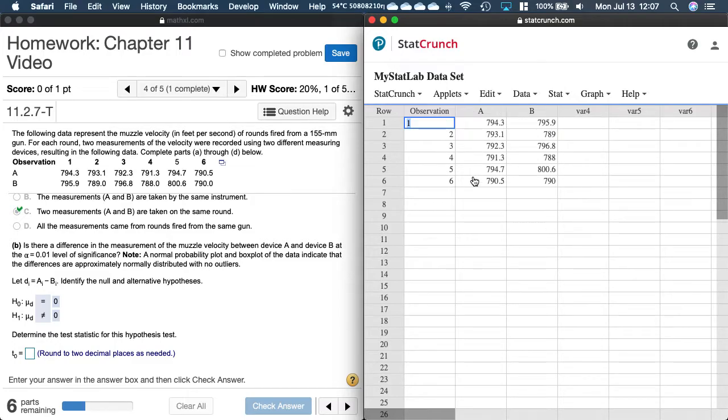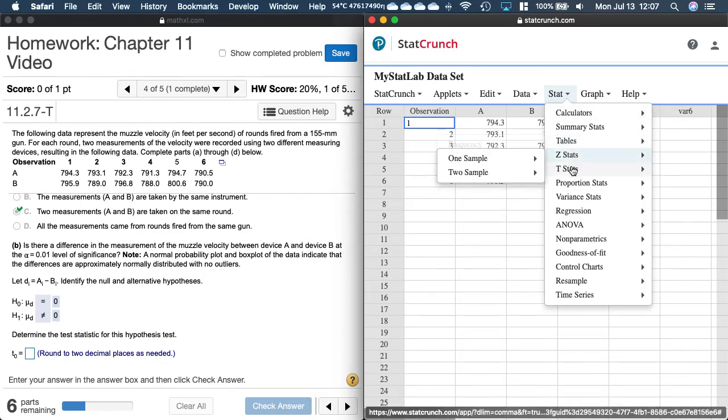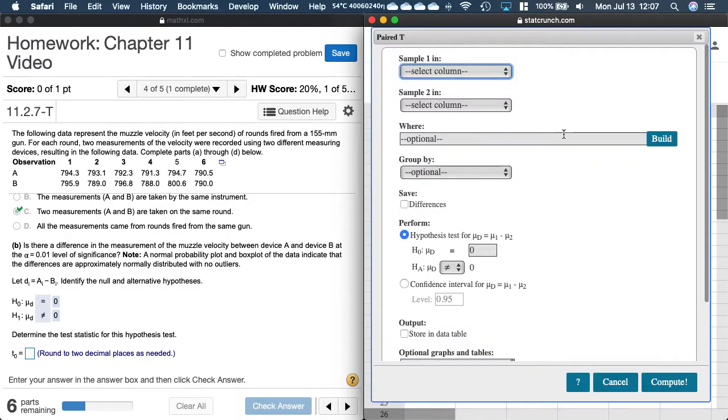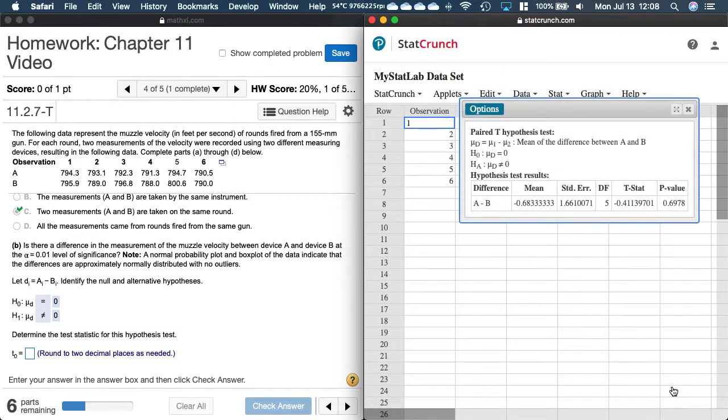This is data set A, and this is data set B. We'll go Stat, T Stats, Two Sample, and this is paired, so you don't want two sample, you want paired. Please make note of that. We choose paired and select the first column. Population 1 is here, population B is here. We have our null, and here we have our alternative. We're good, so we just click compute.